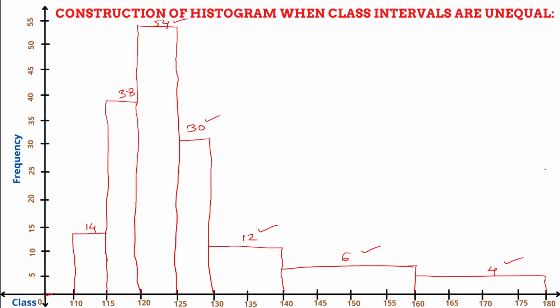Similarly, for unequal width, we first make the widths of the classes equal and adjust the corresponding frequencies so that the area of the rectangle is proportional to the frequency of the corresponding classes. In the next lecture, we will discuss the third and fourth methods of construction of histogram.